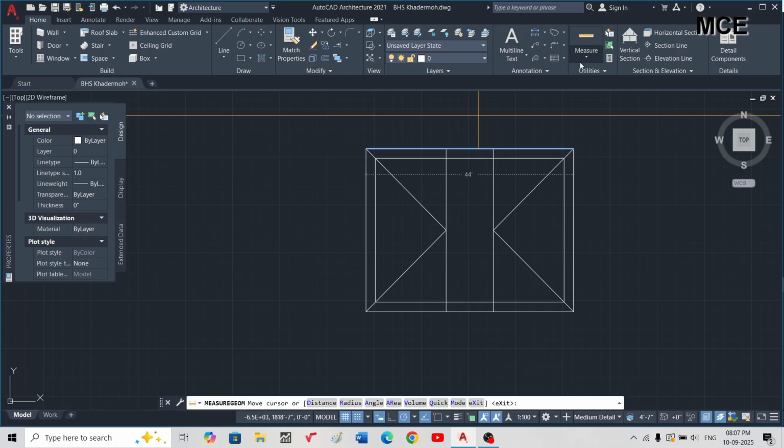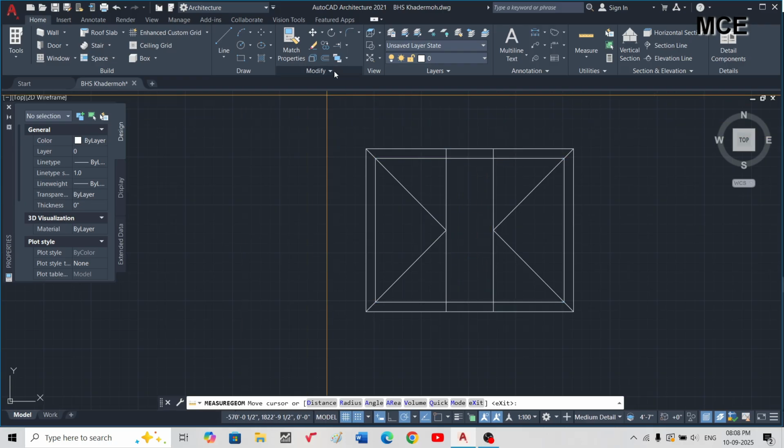The distance between these two main trusses should not be more than 10 feet. Currently we have a distance of 10 feet, so it's okay. If in a building you are getting a distance of more than 10 feet, then you have to include another truss in between these two trusses. I will show that in the next problem.